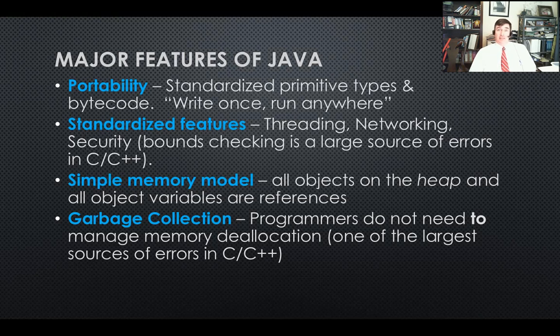That is not the case in C and C++. So that's a fairly notable distinction for Java. Another feature is the standardized features. Java comes out of the box with threading libraries, networking libraries, and it has security built into the language. It performs bounds checking on arrays, which is a huge source of errors in C and C++. So that's an advantage of Java.